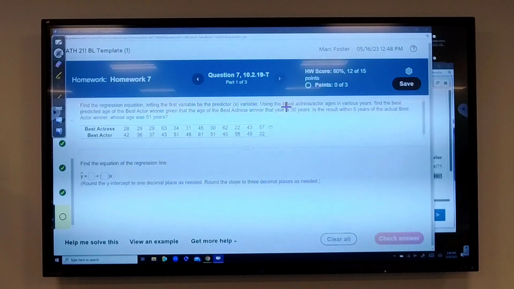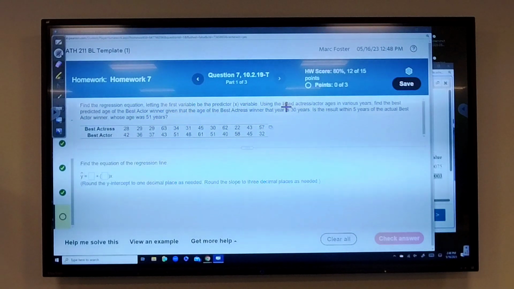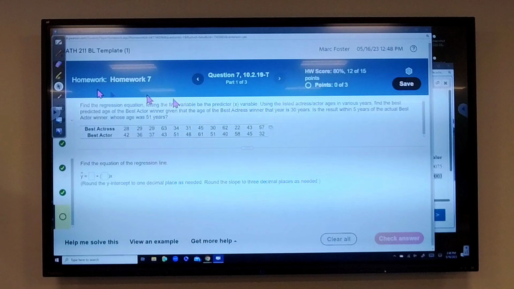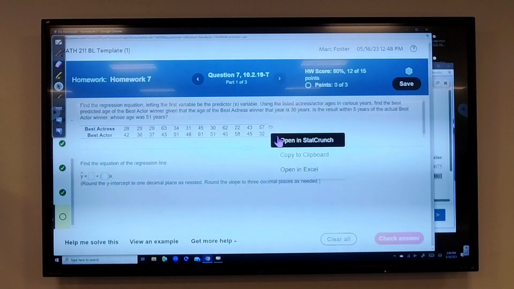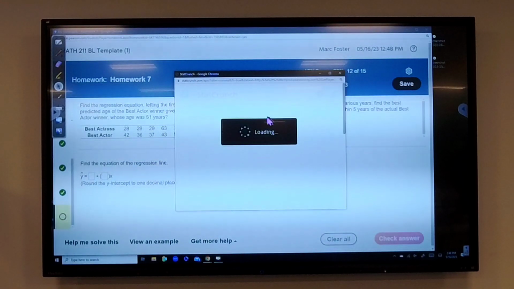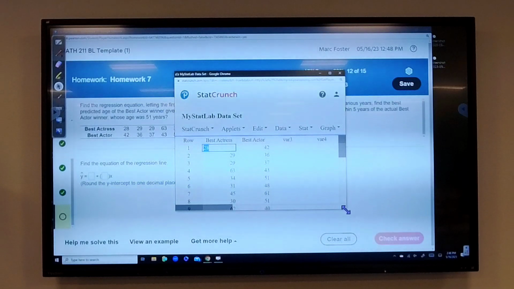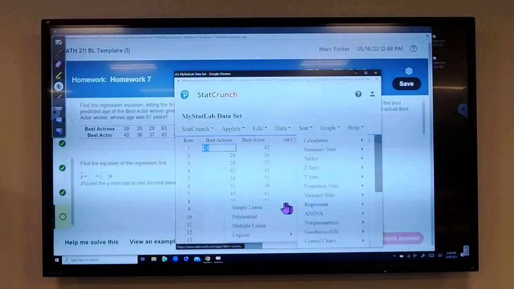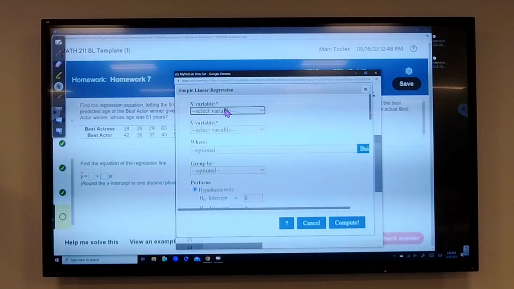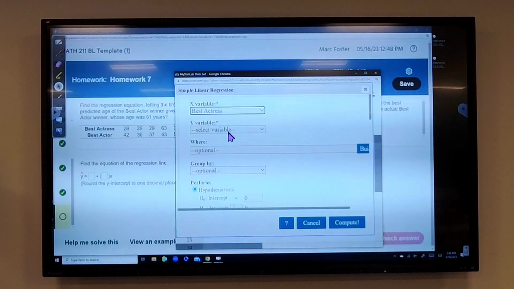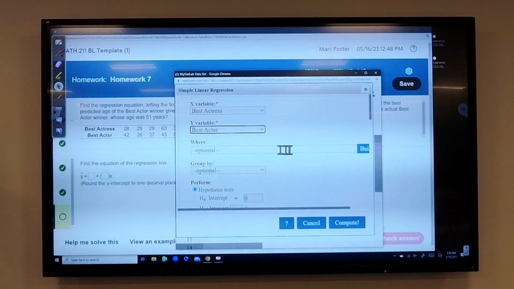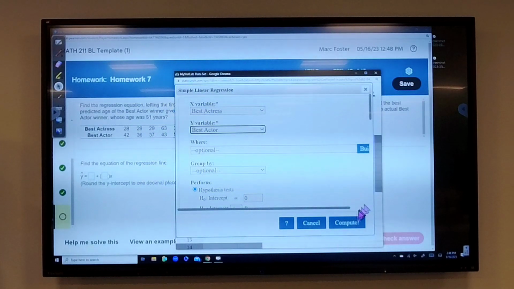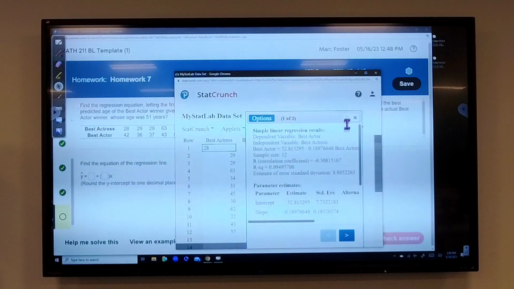I'm not expecting it to suddenly be strong here, but we still need to go through the motions. We'll open the data in StatCrunch. Stat, regression, simple linear. Best actress, best actor. Click compute.